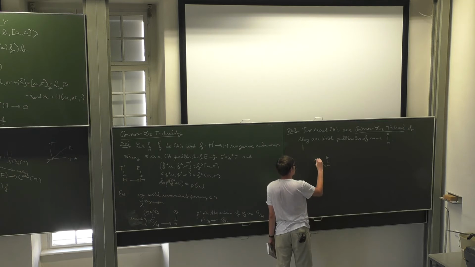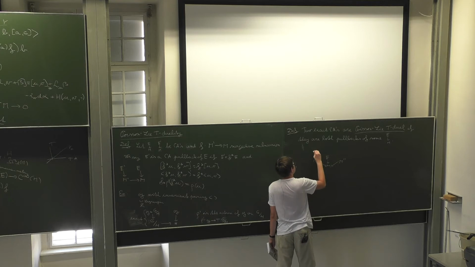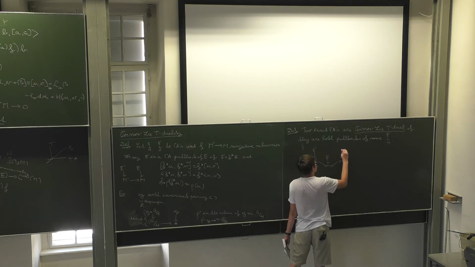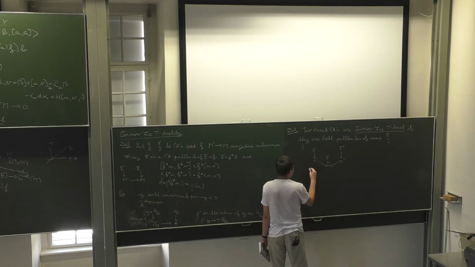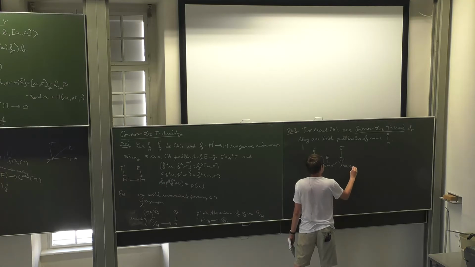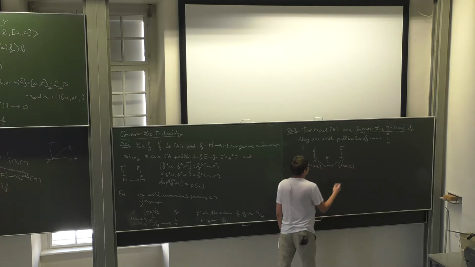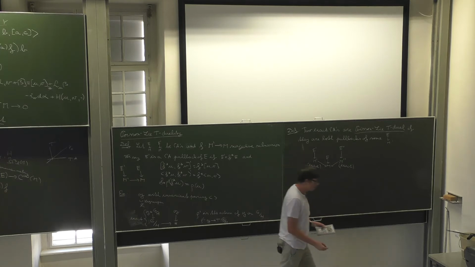So there is M prime here, and there is M double prime, and there is some Courant algebroid here, and some Courant algebroid there. And we want that this and this guy are exact. Okay, so that's just to remember. So if we have such a setup, then we say that this and that Courant algebroid are Poisson-Lie T-dual.